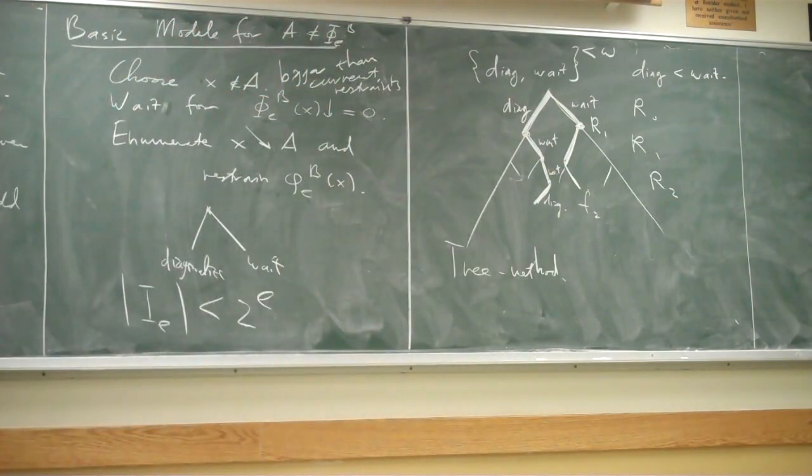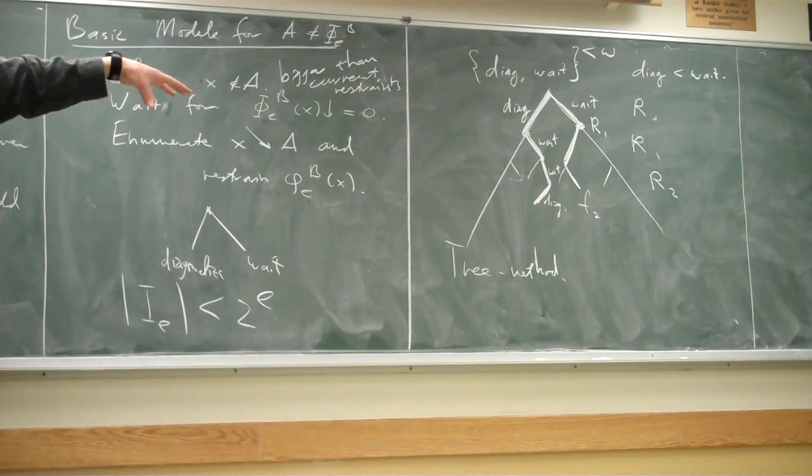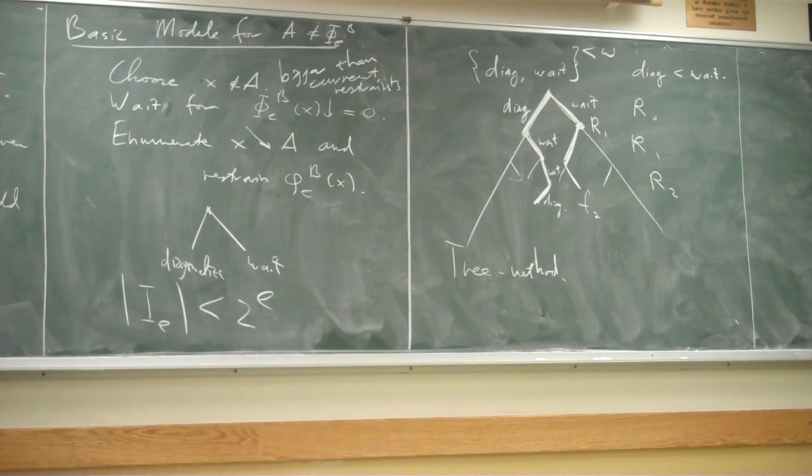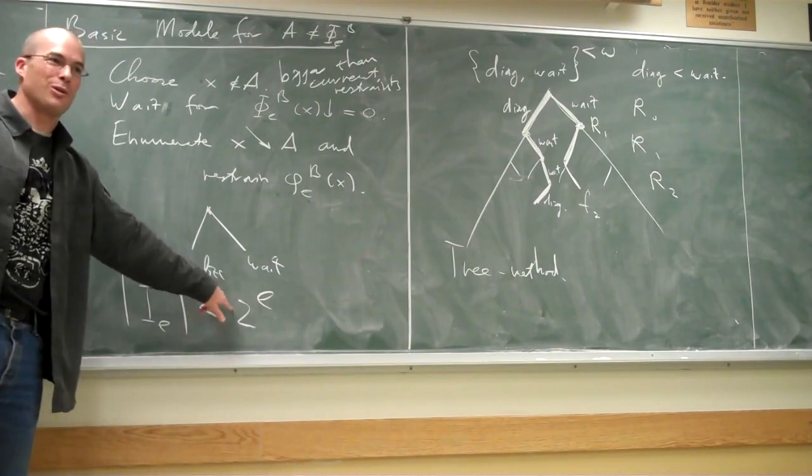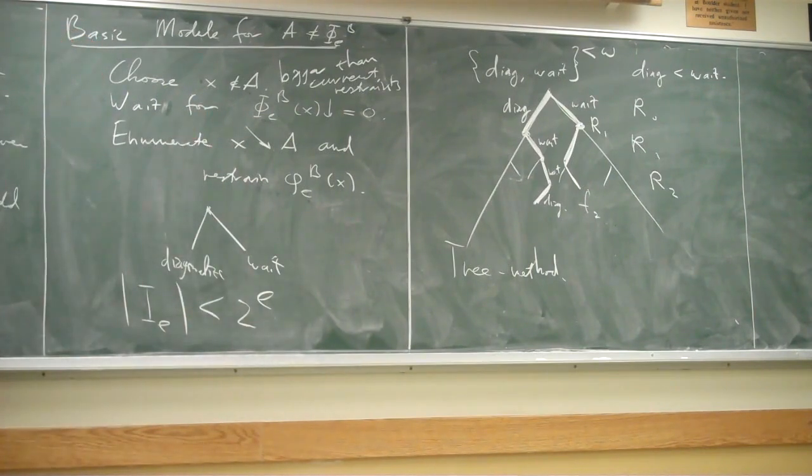Anyway, it's always hard to talk about a construction which we aren't currently doing, because it's kind of hand-wavy. But I hope I described, at least for this construction, well enough how you put it on a tree. And that 2 to the e became totally obvious because of it. Everybody happy with it?